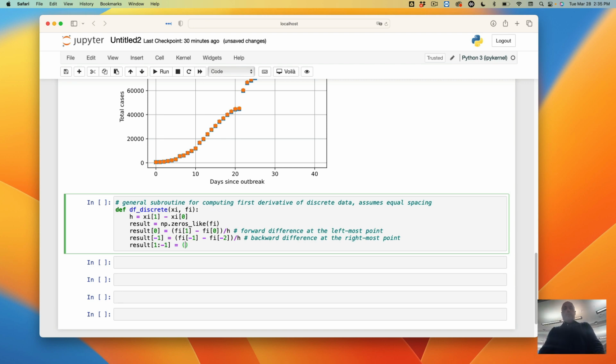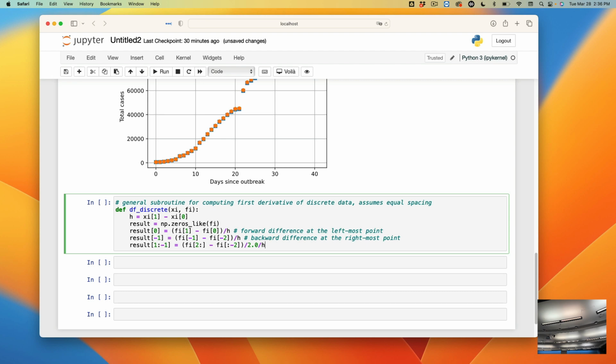And we're going to do f at i plus 1. So fi are the values of the data. So we're going to go fi at i plus 1 minus fi at i minus 1, over 2h. What does the colon in the brackets do? It splices the array. We've used that plenty of times, right?